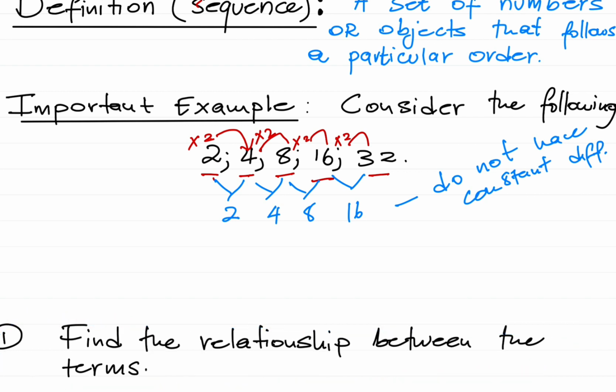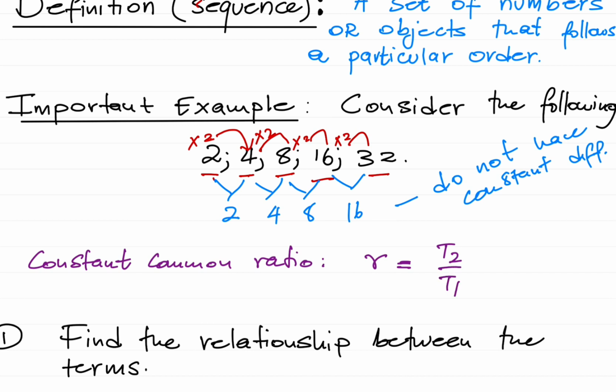Let us check our constant common ratio. Denote as R. So I'm going to say T2 divided by T1 is equal to T3 divided by T2.